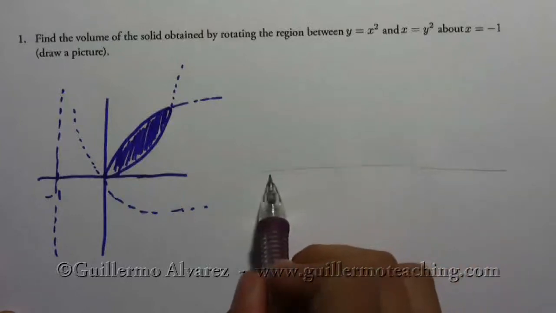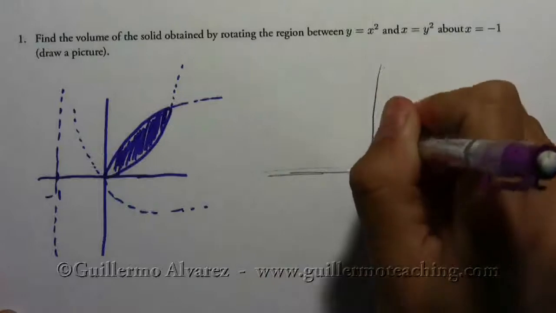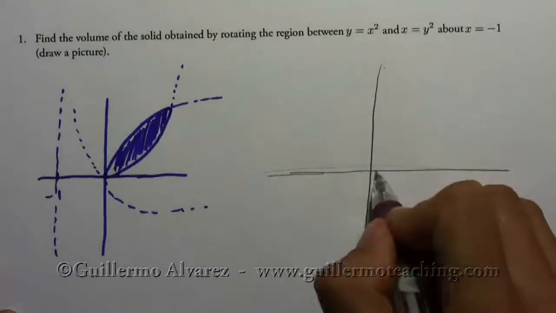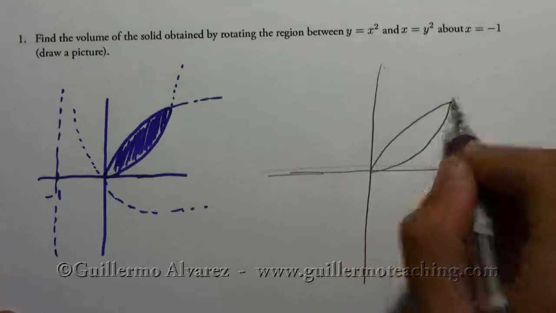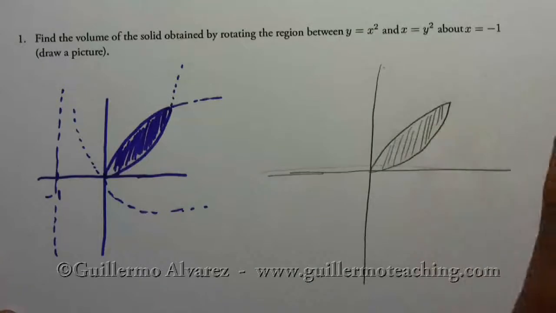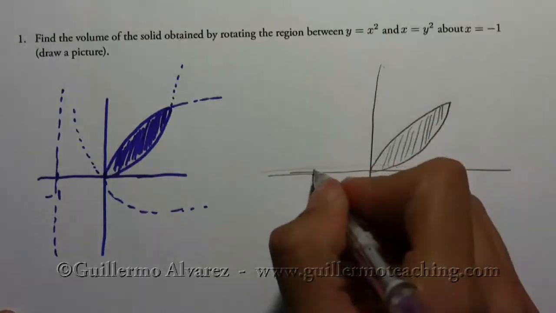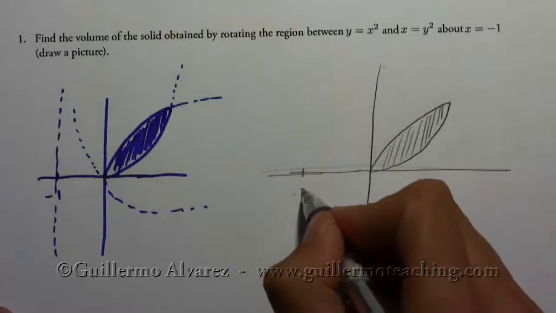Okay, so let me try to draw a good picture here. So we have here, this is my region. And then here's the line x equals -1.